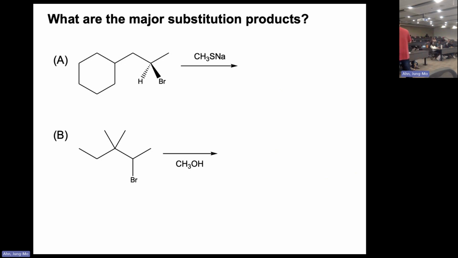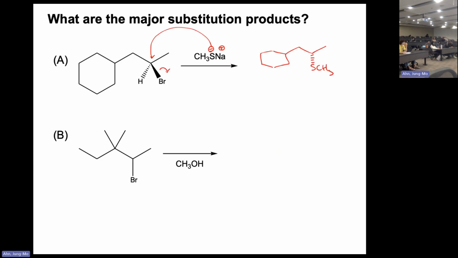If you have a tertiary alkyl halide, you may think a strong nucleophile would make SN2 go, but that substrate is not taking it. But thankfully, this one is a 1, 2 carbon-substituted carbon. That's a secondary alkyl halide, and this SN2 reaction can go.